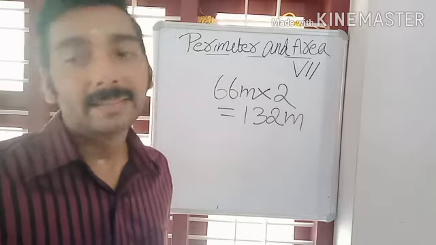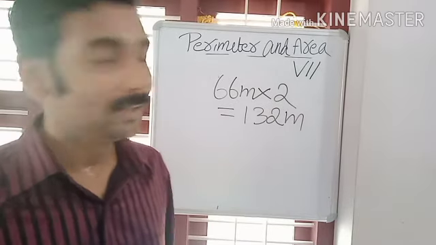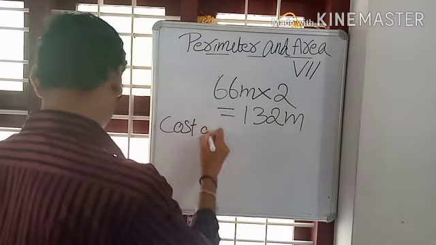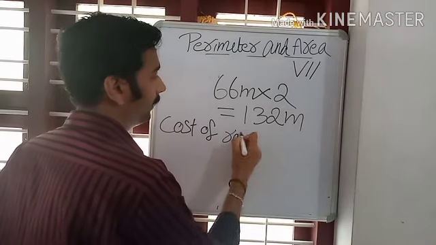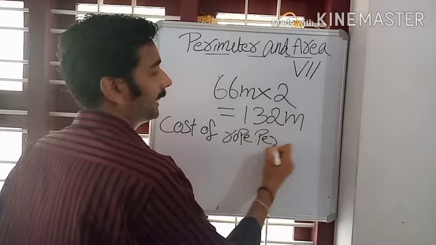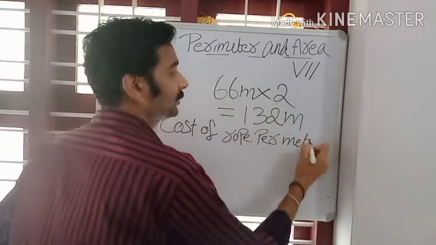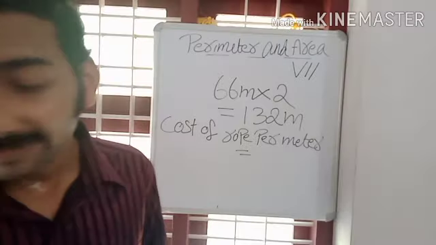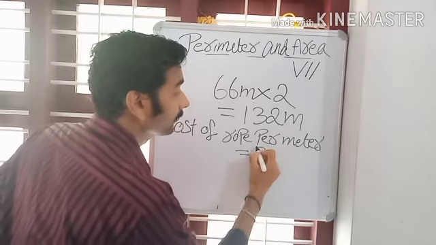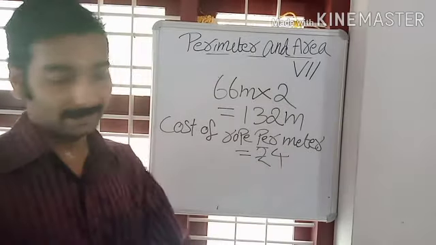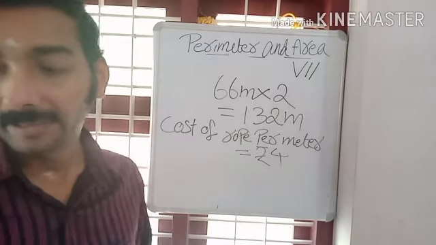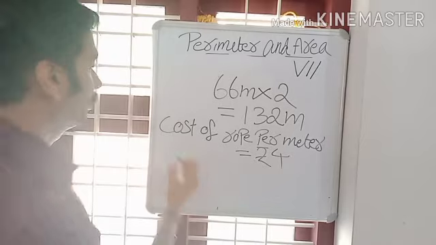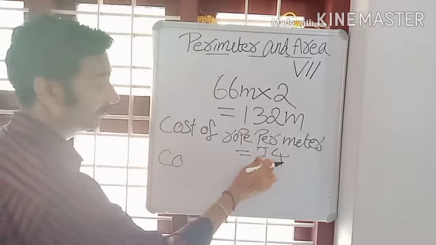Then we find the cost. Cost of rope per meter is rupees 4.